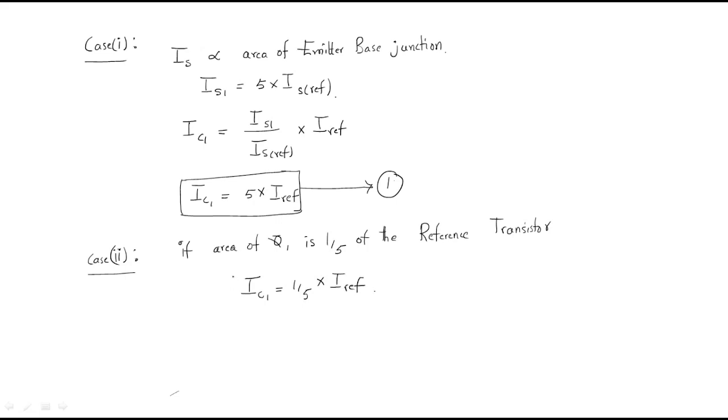If the area increases, automatically the output current increases. If the area decreases, automatically the output current decreases. So the emitter base junction area decides the reverse saturation current, which decides the output current.